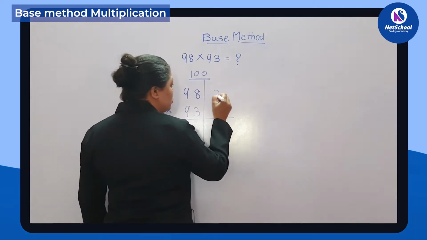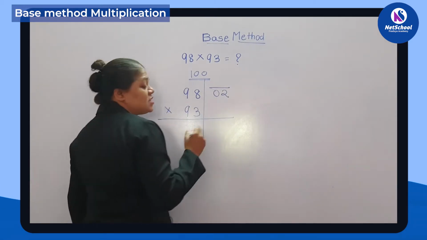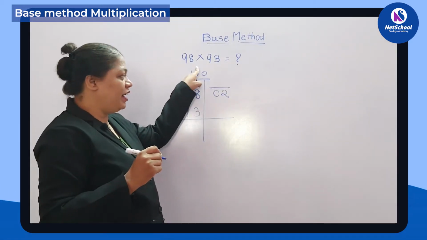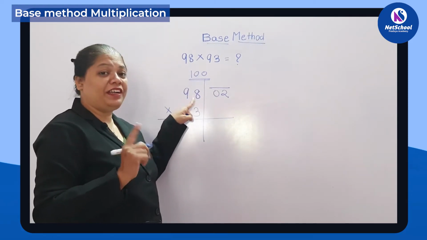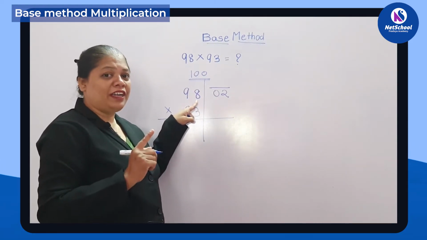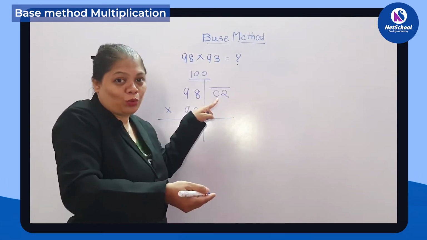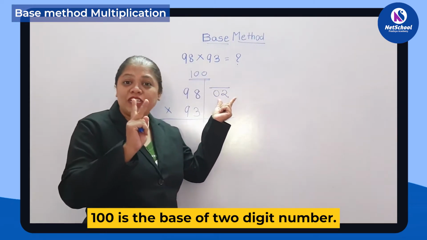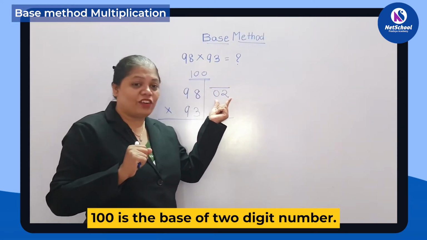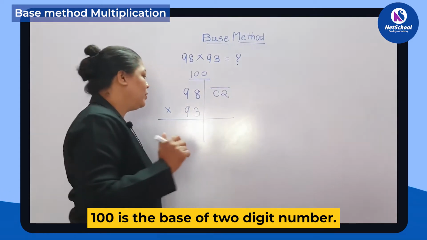The number is 02, that is minus 02. So 100 minus 02 is equal to 98. I am writing not only 2 but 02 because 100 is the base of 2-digit numbers, and therefore here I need to have 2-digit numbers.